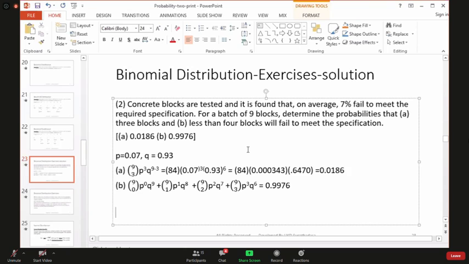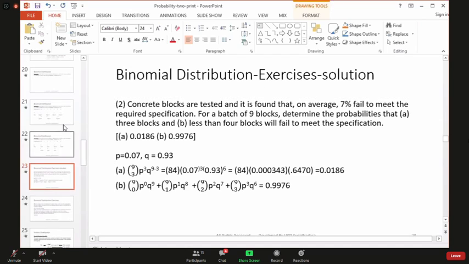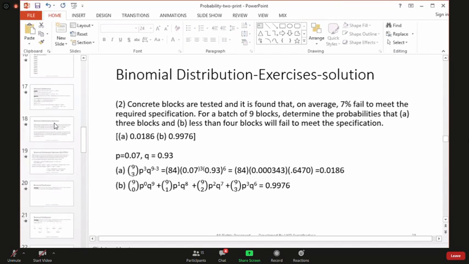Very difficult, no? But see how simply, in one line, we can do the calculation. Out of 9, 3 damaged, the probability is 9C3. Just one formula to remember. What is the probability? nCr p^r q^(n-r). The formula I mentioned earlier.